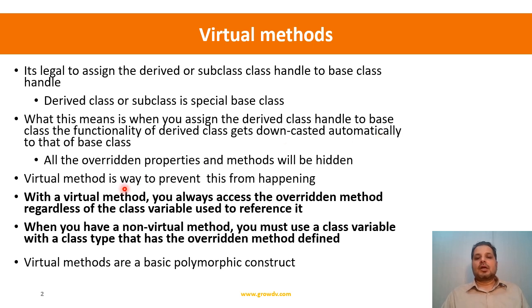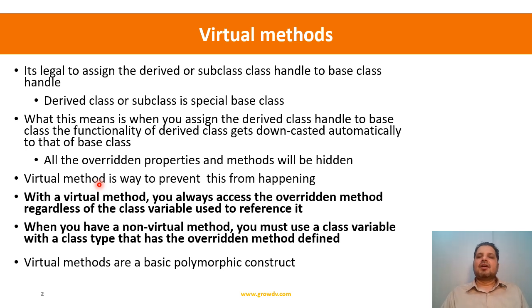Now, in certain cases, if I want to prevent this from happening, that is, I have defined certain methods in the base class and I have extended that base class and implemented certain things differently in the derived class in the same overridden method.